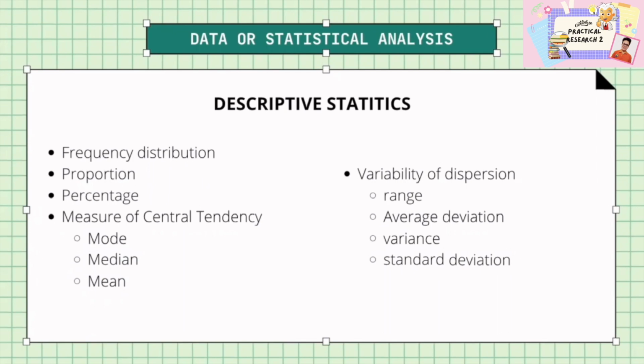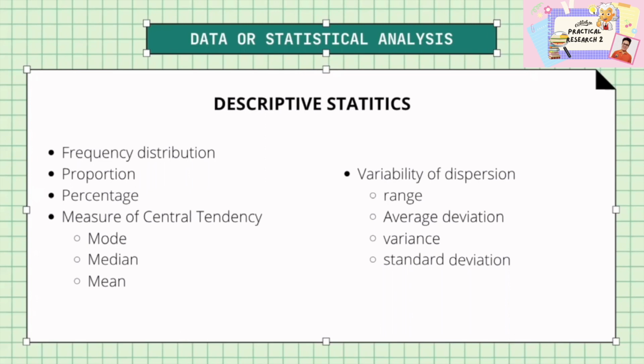For descriptive statistics, we have frequency distribution, proportion, percentage, and measures of central tendency. Under that, we have mode, median, mean, and variability or dispersion: range, average deviation, variance, and standard deviation.